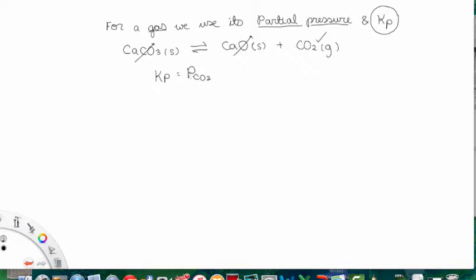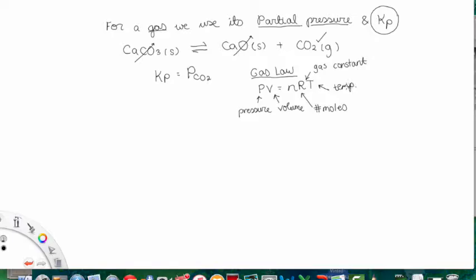When we talk about partial pressures, we can use the gas law, which I think you've seen from high school chemistry. The equation is PV equals nRT, where P is pressure, V is volume, n is the number of moles of gas, R is the gas constant, and T is temperature.